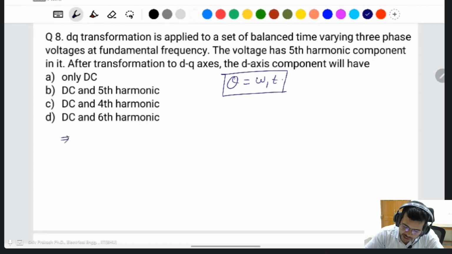The system is given as the fundamental and fifth harmonic. It means you can say VA is equal to Vm sin omega t plus Vm sin 5 omega t.